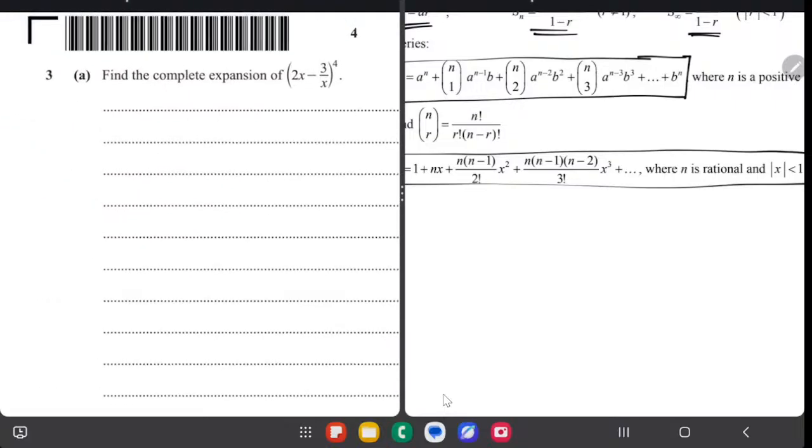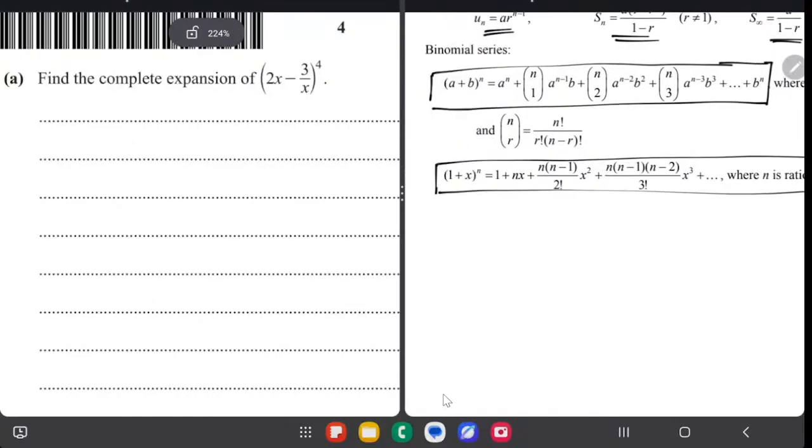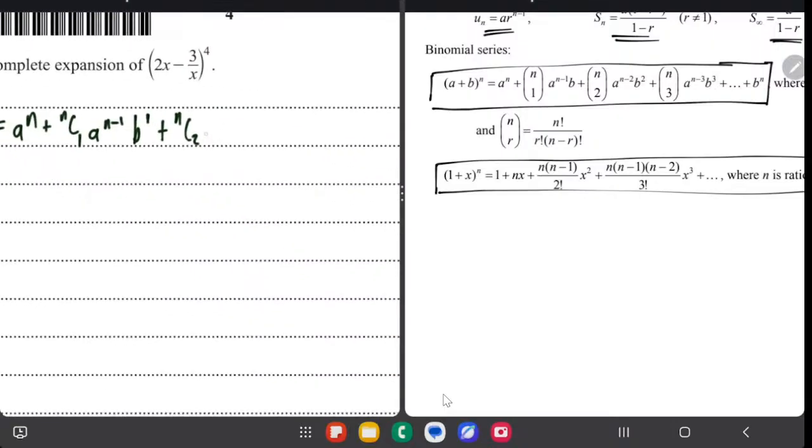So, you write the formula. Write this formula, okay? You say a plus b to the power of n is equal to a to the n plus n choose 1, a to the n minus 1, b to the 1. You see? Plus n choose 2. So simple. A to the n minus 2, b to the 2.